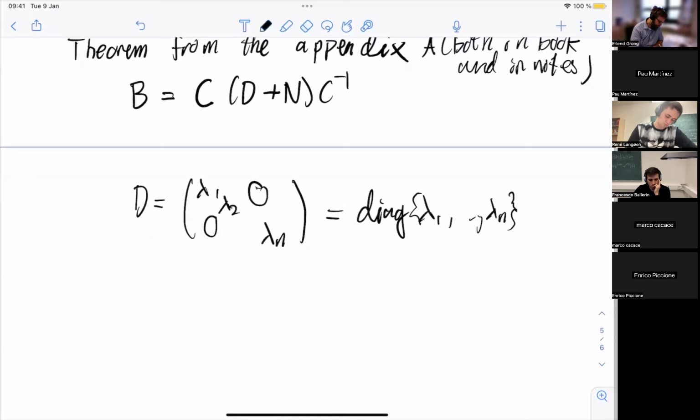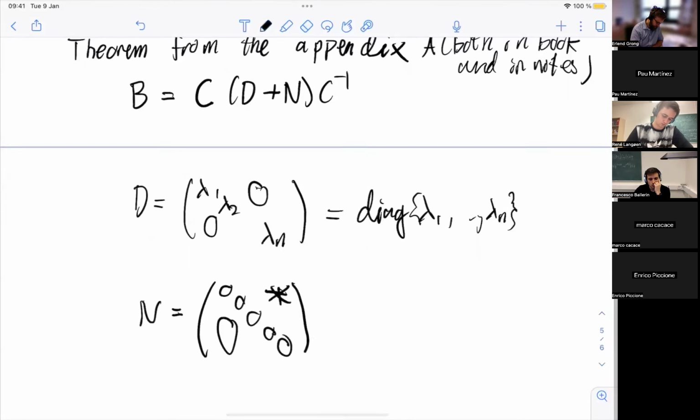And N is strictly upper triangular. So it has zeros here and zeros beneath, and then perhaps something else. So strictly upper triangular.